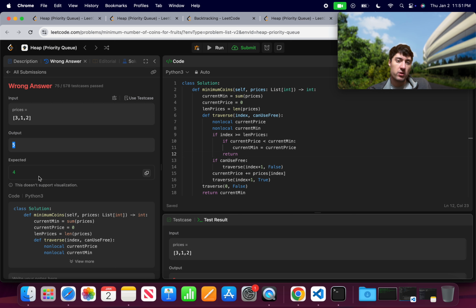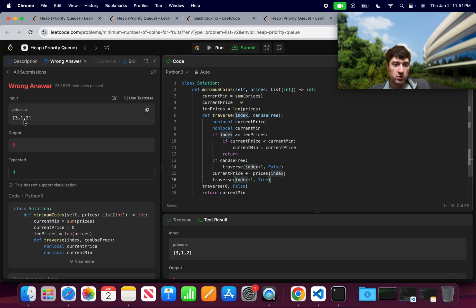Okay, so this is not going to run. I'm going to immediately add the price and then go to the next one. Okay, that seems right to me. Then I am going to come here.